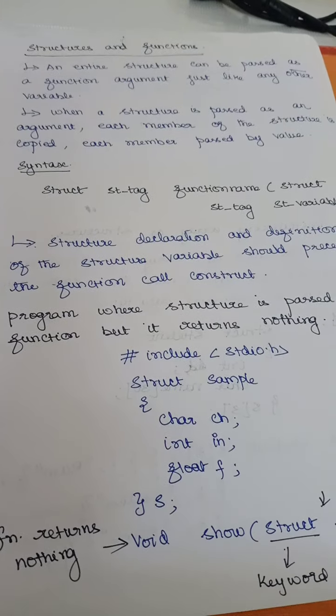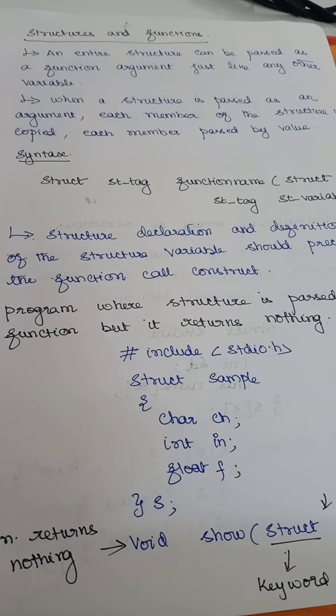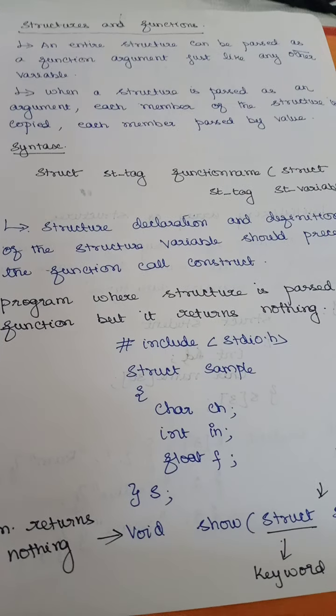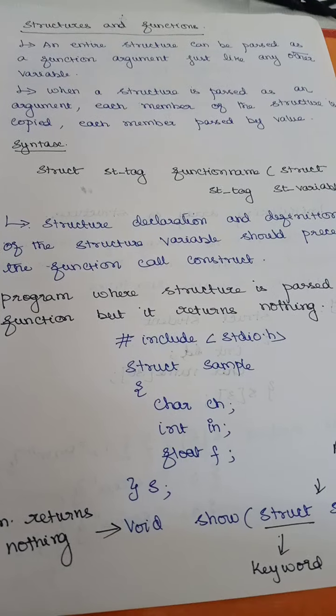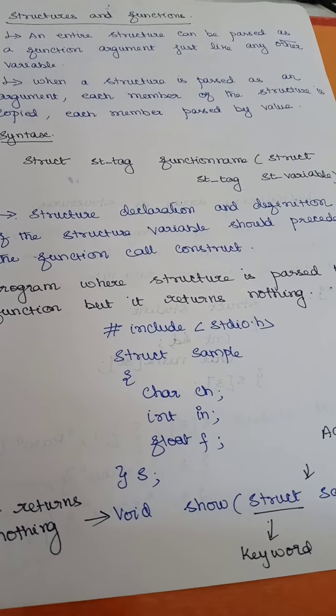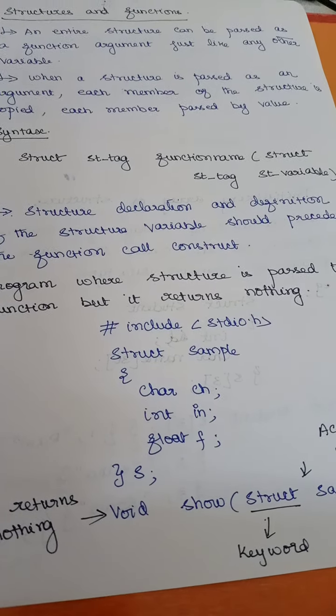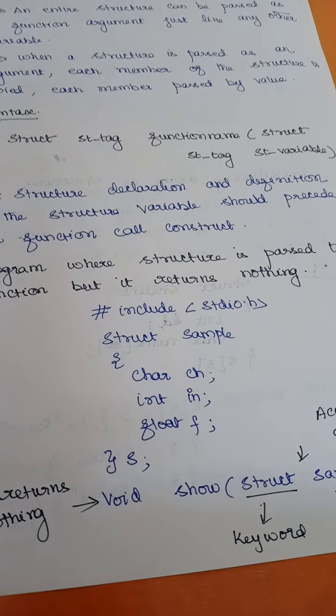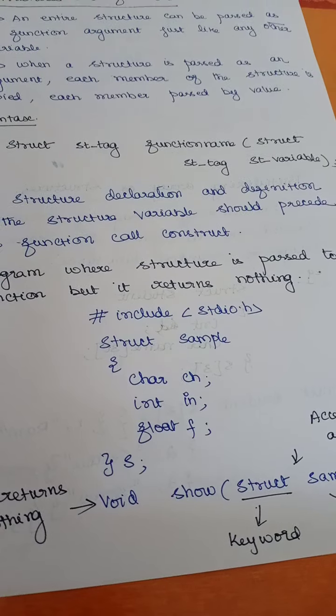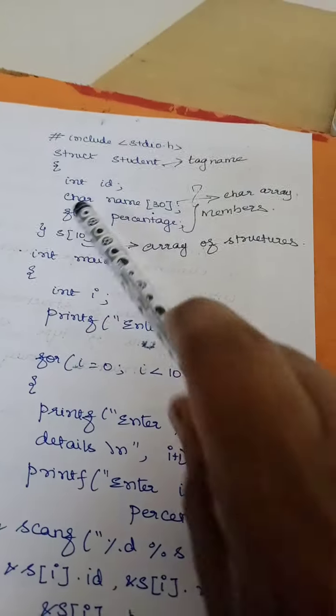Next we'll move on to structures and functions. Today we have seen some examples, and then we moved on to array of structures. We have already studied arrays, so combining array and structure gives an array of structures, and then using an array inside a structure, that we have also seen.